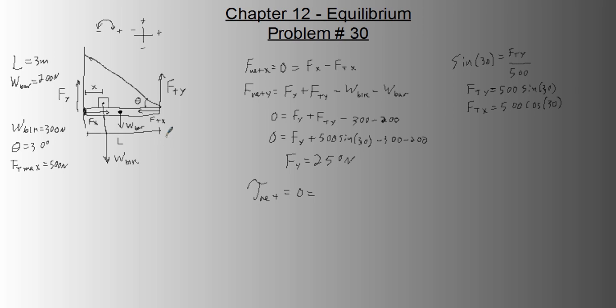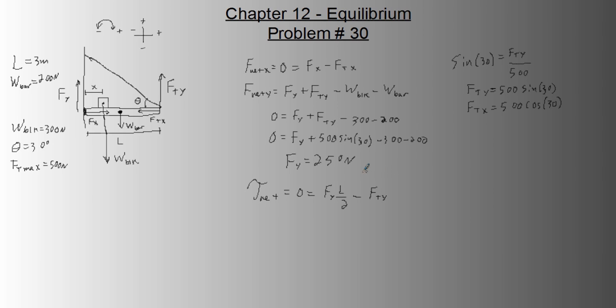Alright, so let's do this one first. It's pretty easy. Fy, how far is it from the pivot? Well, it's L over 2. That's easy. And then this one's pretty easy, Fty, but it's minus, so Fty, which we know, by the way, is that.